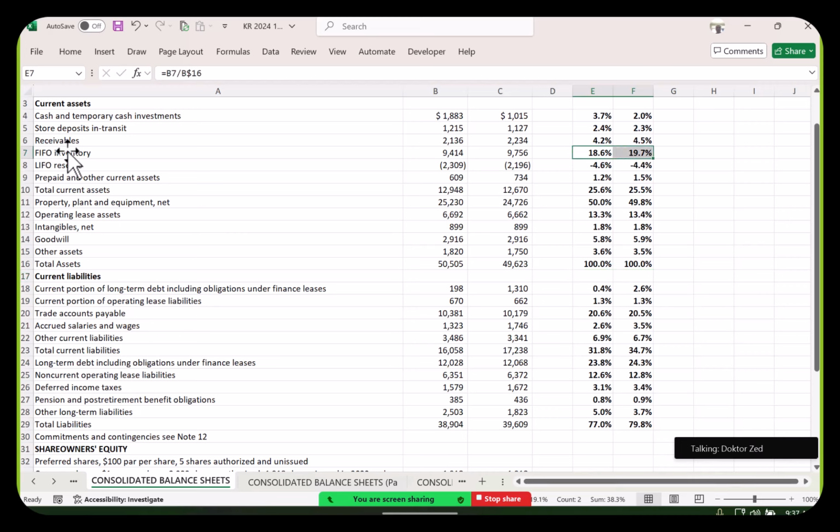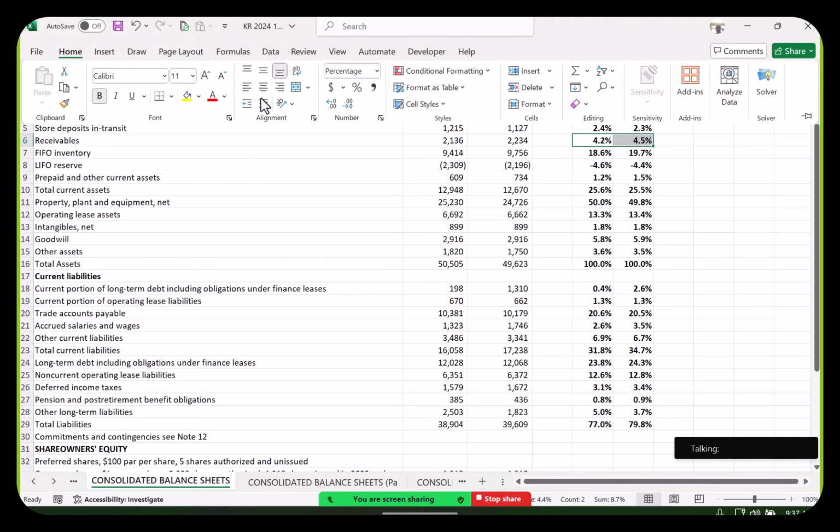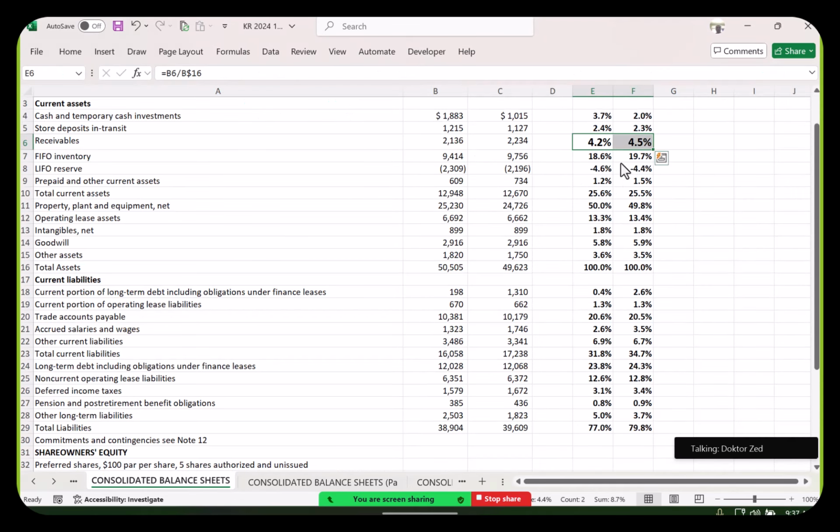Oddly enough, let's see. Oh, Kroger has more receivables, and their inventory is also a little bit less.